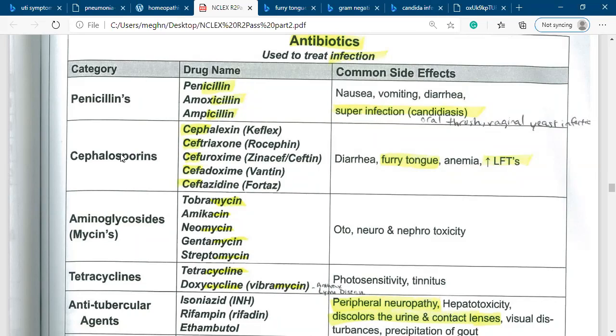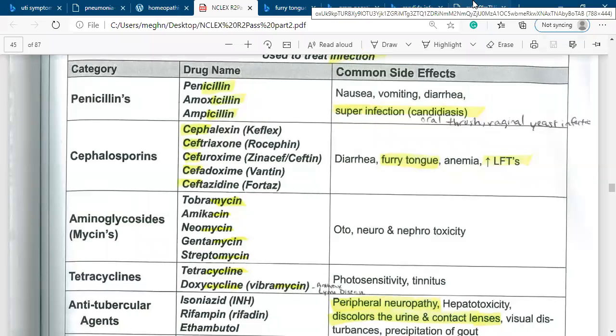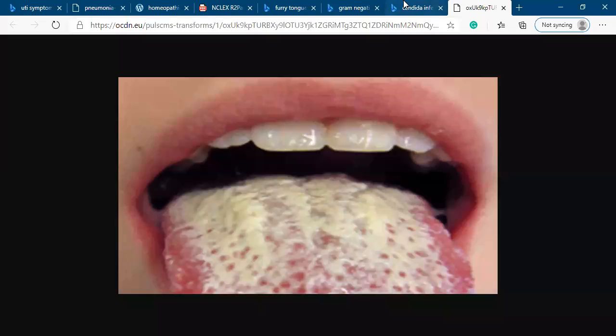Sometimes cephalosporin can cause superinfection. Superinfection means yeast infection or fungal infection of candidiasis, developing a very bad fungal infection or candida infection.